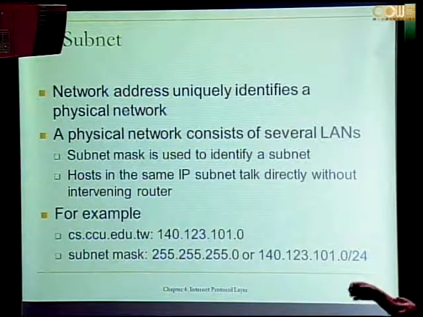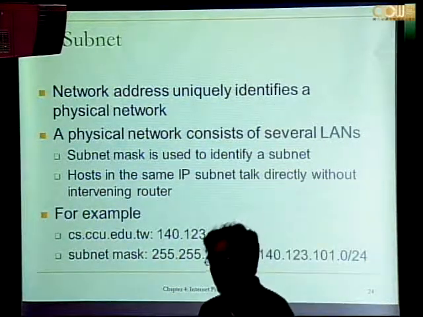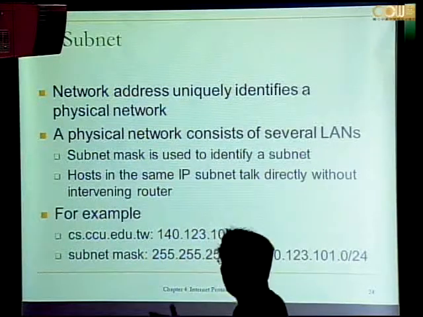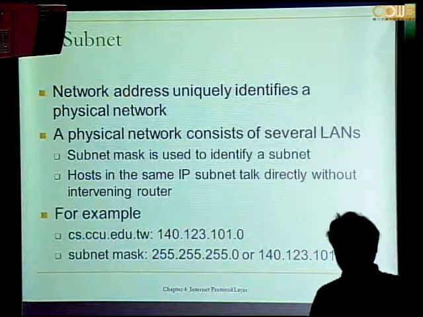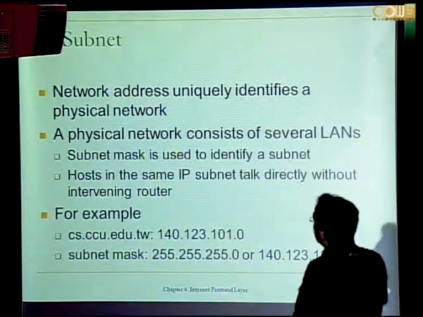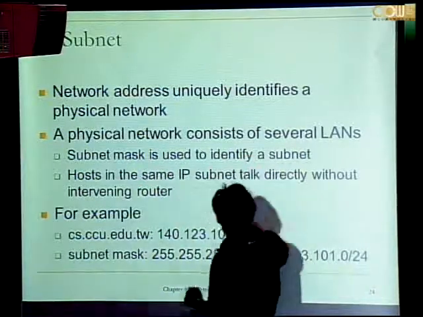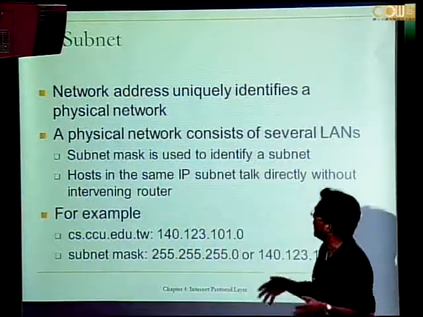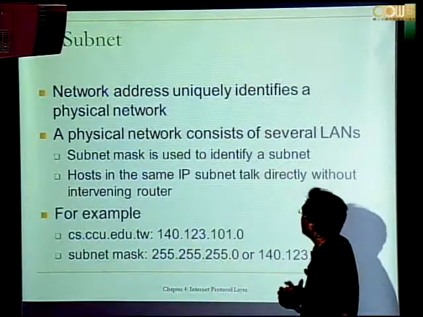So essentially, I'm grouping the hosts into the same broadcast domain, which will form a subnet. And I would use a subnet mask to identify a subnet, to identify the network address of the subnet.